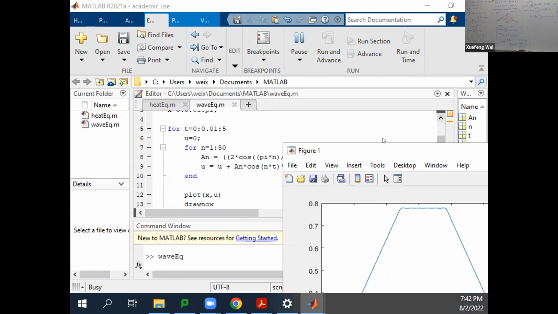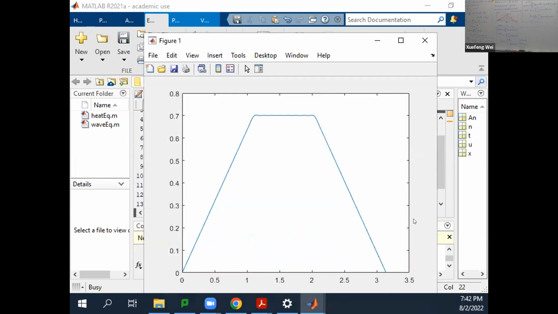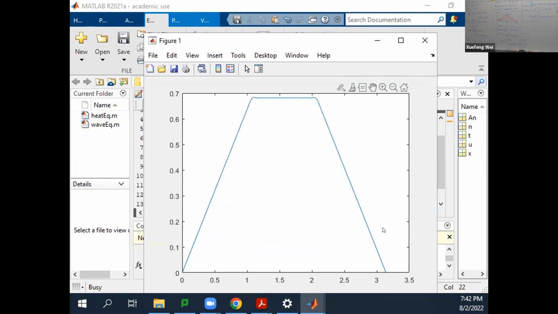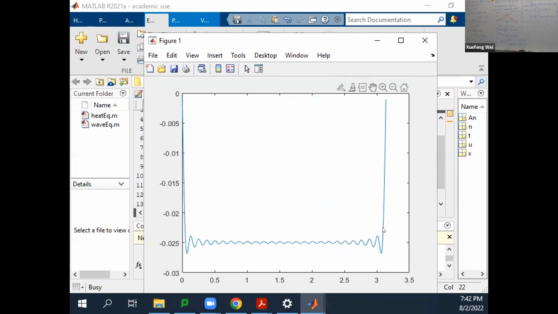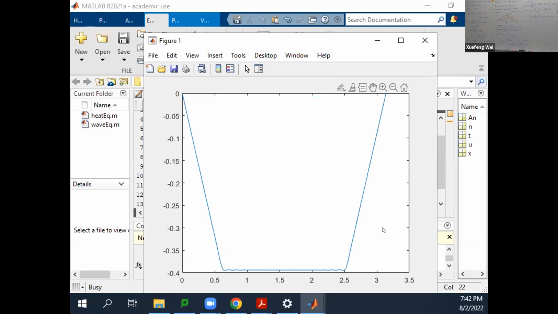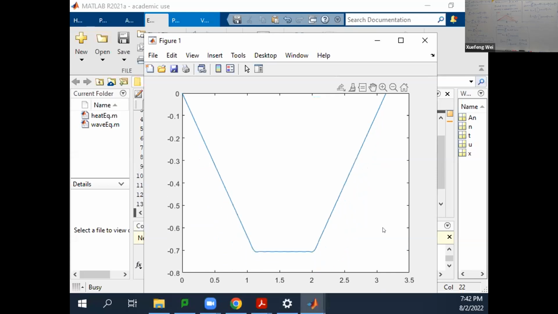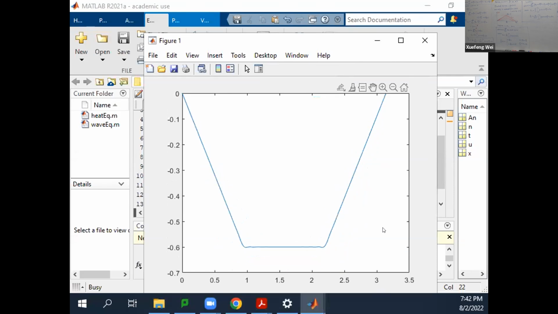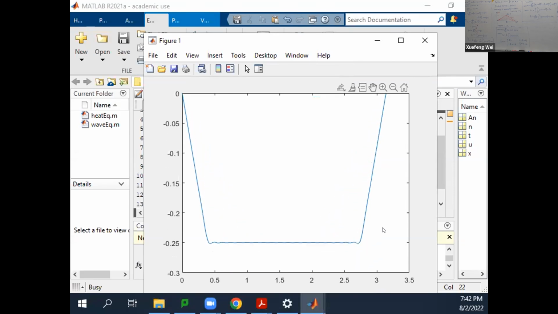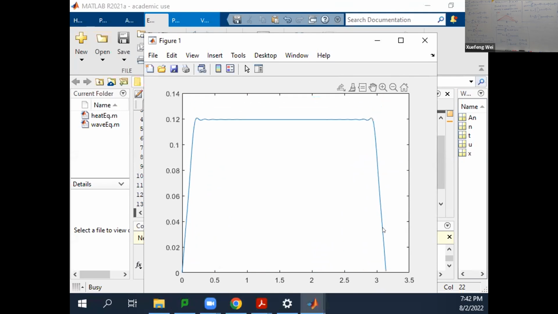Okay. Now, can you see the movie? It moves. What is the problem here? The y-axis is not fixed, right? Because it is actually a movie, the range keeps moving, so it does not really make a lot of sense.